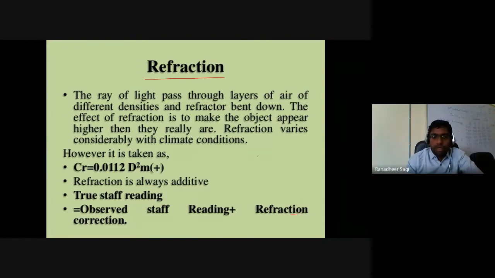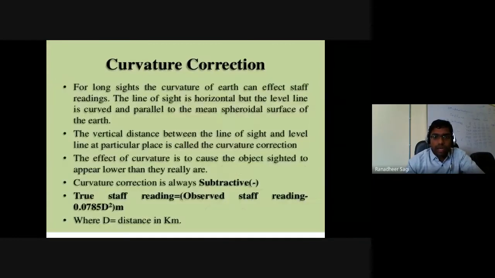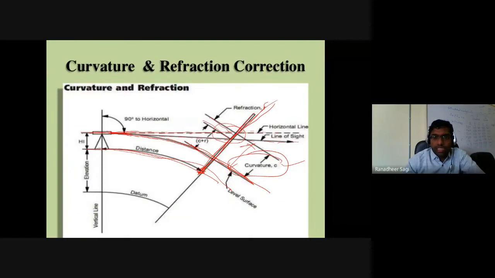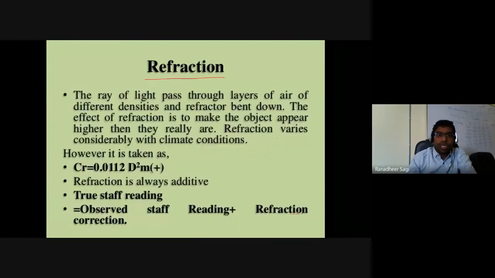Your line of sight position is as we have seen earlier. Your line of sight is somewhere here, but because of the effect of refraction, your horizontal line is looking relatively at a higher position. So what does it mean? It means the effect of refraction is to make the object appear higher than it really is.